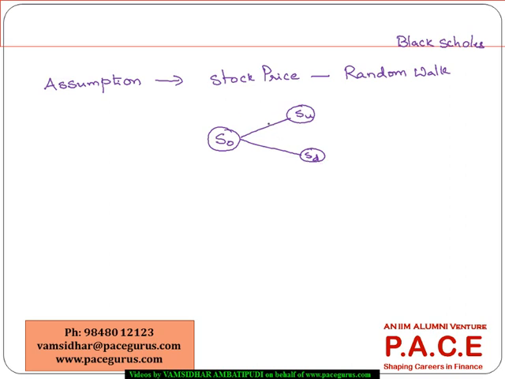There is some probability P that it will go up by some percentage, and there could be a probability 1 minus P that it could go down by some percentage. That's one major assumption.